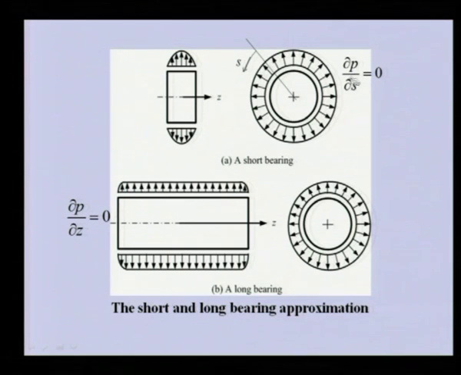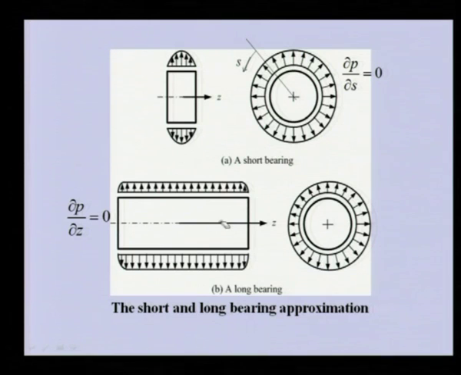So, for the short bearing, we ignore the circumferential pressure variation. The Reynolds equation will then contain only the derivative with respect to z, so that will be an ordinary differential equation, and that can be solved.